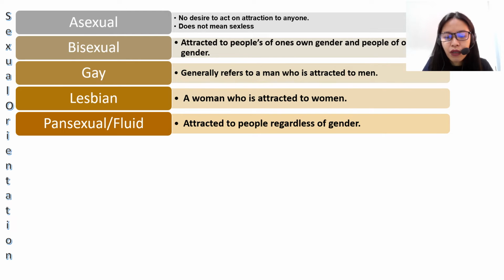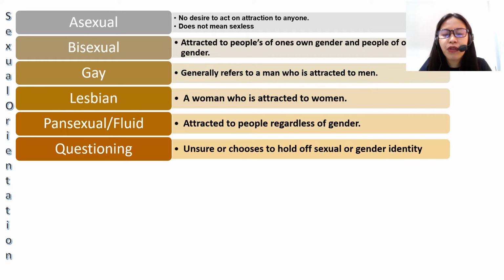And so, even though he was competing in a gay competition, then he find out that he's attracted to his wife. So, yung ni-refer niya doon na term sa sexual orientation niya is pansexual or fluid, because it's attracted to people regardless of gender.